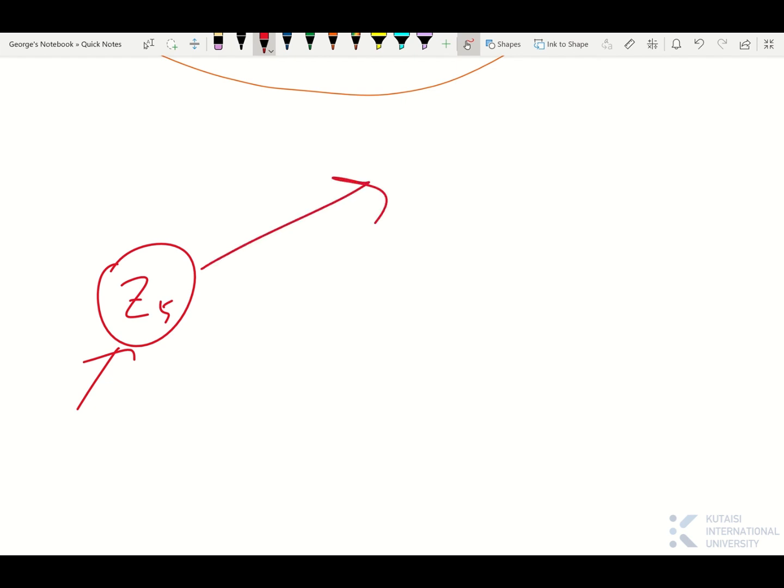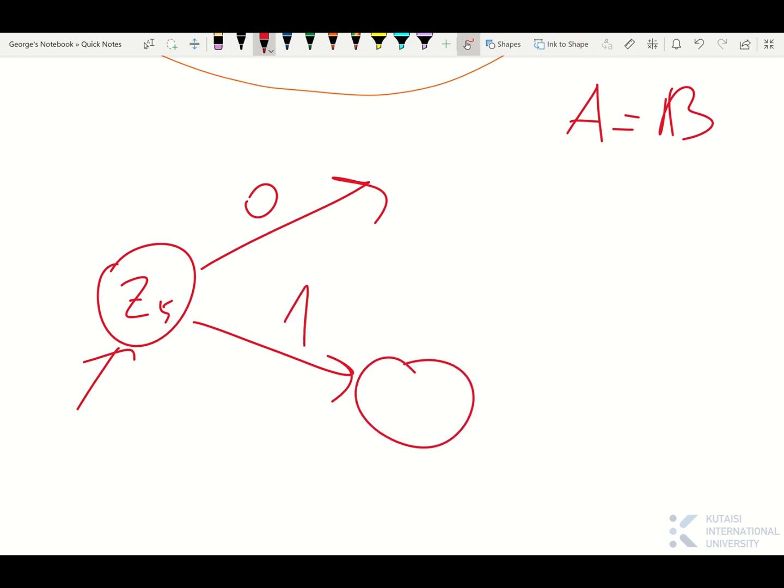And then let's say your alphabet is again just 0 and 1. So let's say with 0 you go here, with 1 you go here, Z17 and Z4. So this is a DFA. Well, this is just a snapshot of part of a DFA, but when 0 comes in, you know to go to Z4. When 1 comes in, you go to Z17.